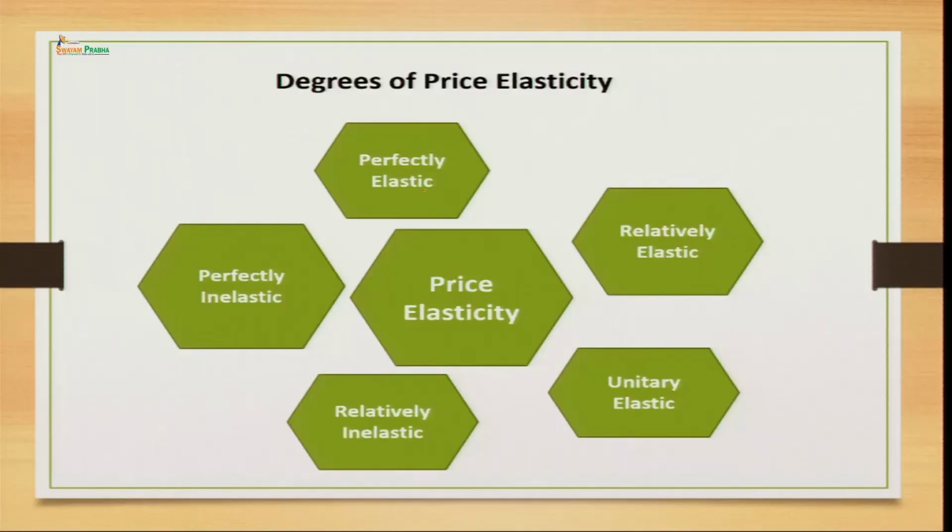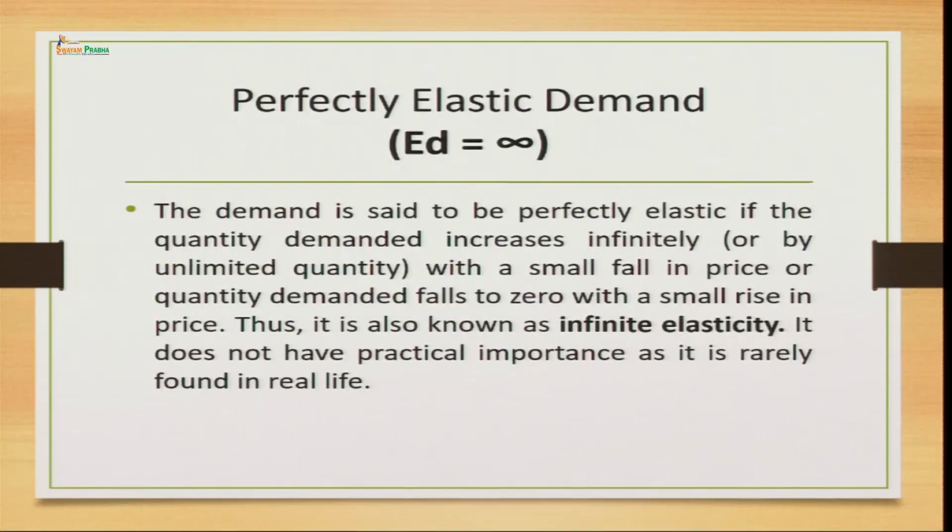We have perfectly elastic demand, perfectly inelastic demand, relatively elastic, unitary elastic and relatively inelastic. So, these are the 5 degrees of price elasticities. Depending upon the nature of the commodity, we have different impacts of prices on the quantity demanded. So, let us start with the very first point, where we are going to understand perfectly elastic demand.